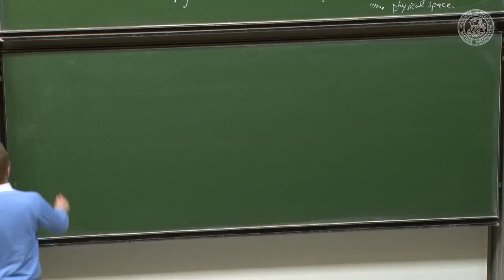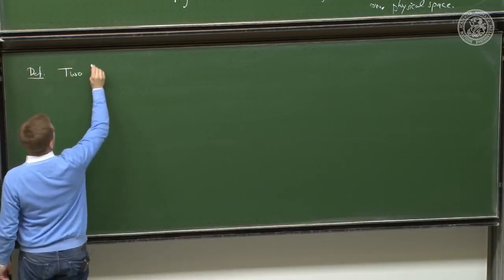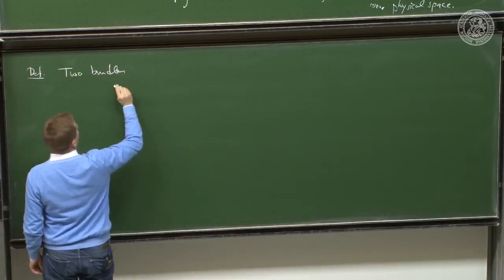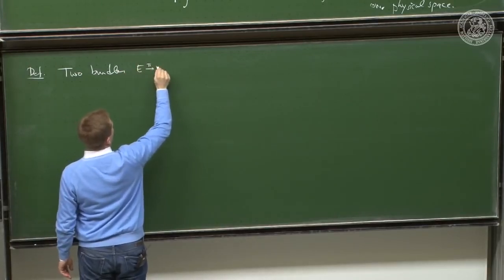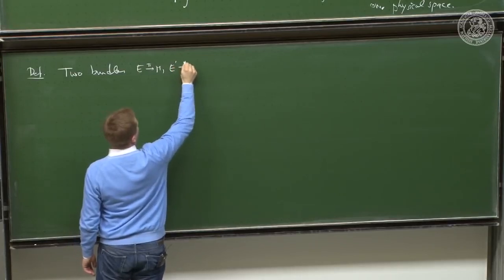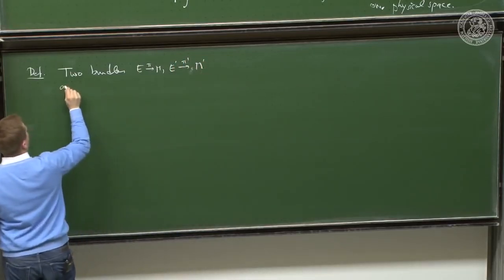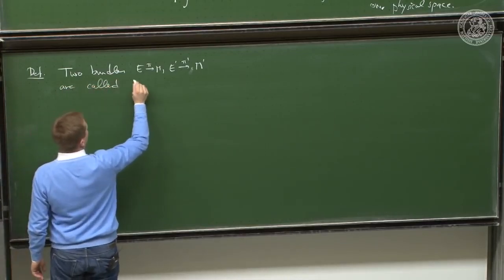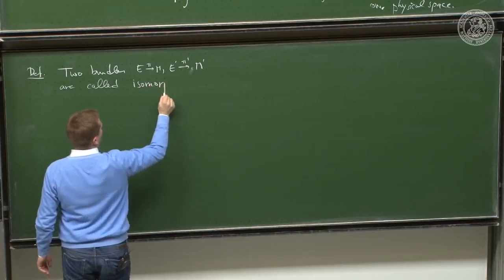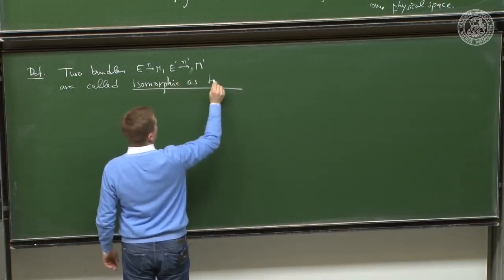But formally we say, definition, two bundles, the same as before, E pi M, E prime, pi prime, M prime, are called isomorphic as bundles.